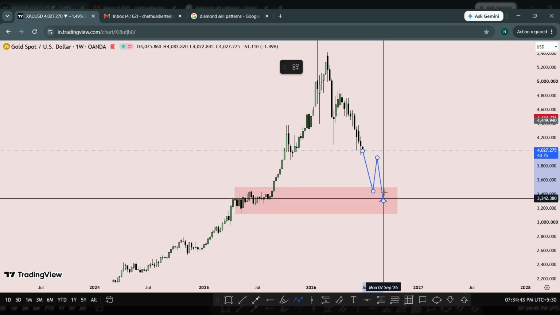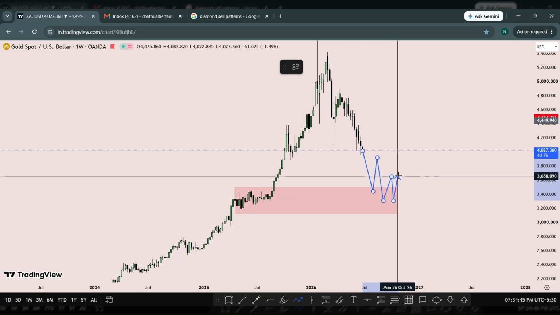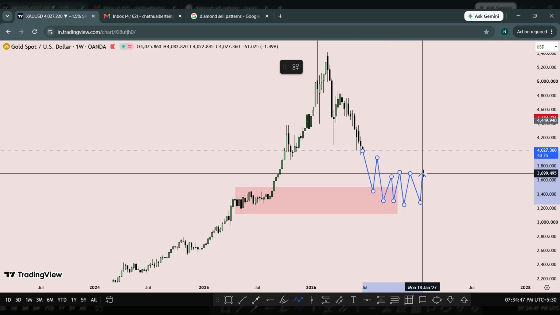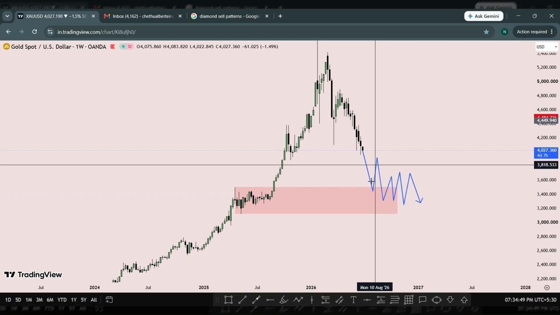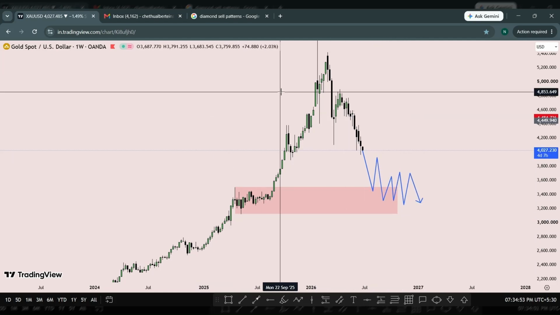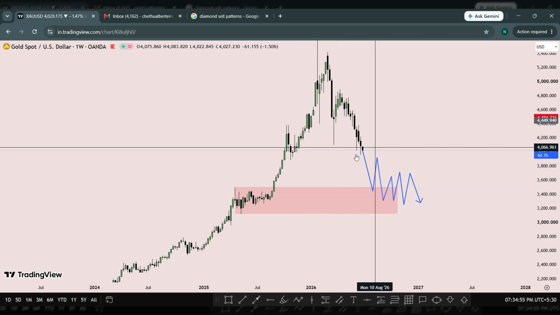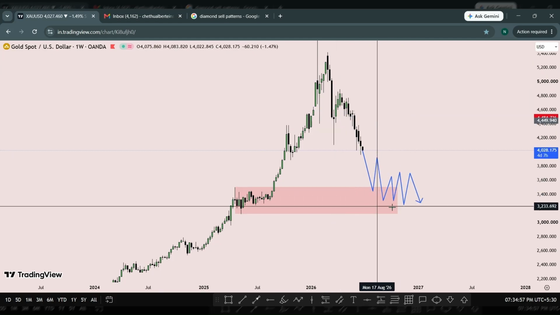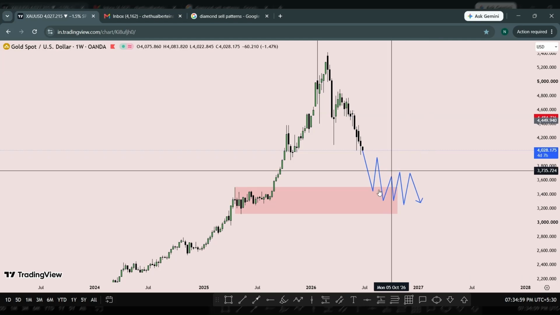I think this will happen in the gold chart because after the sudden spike and sudden drop, somewhere the sideways should happen. So I think this 3500 zone is very good.